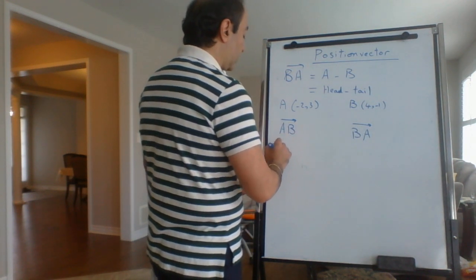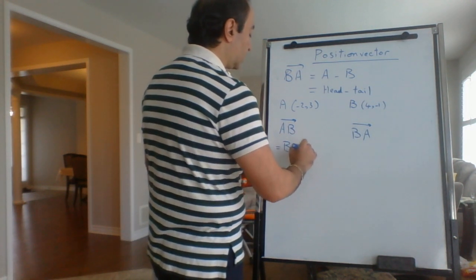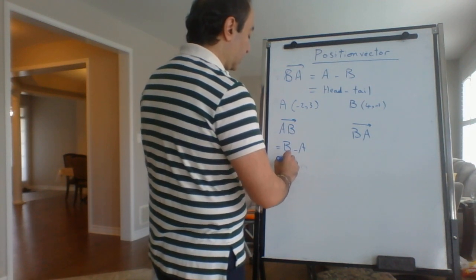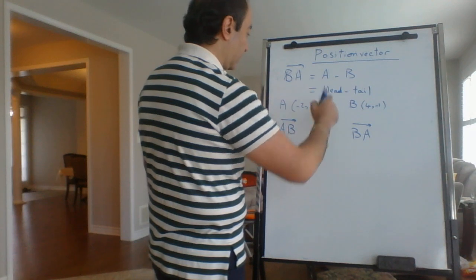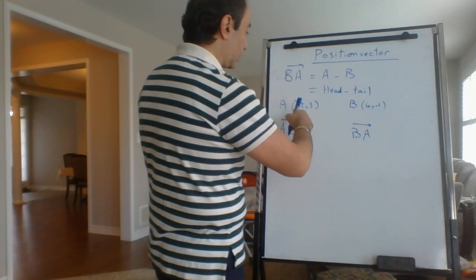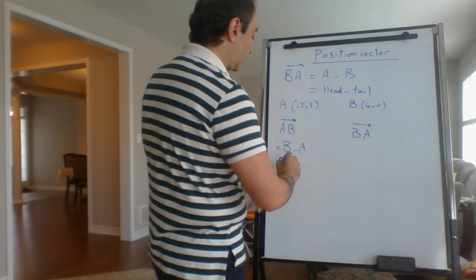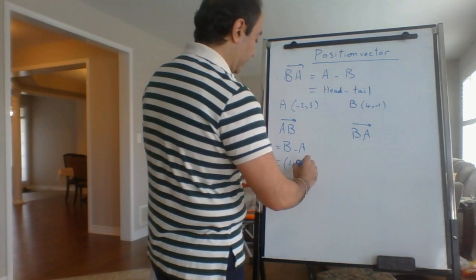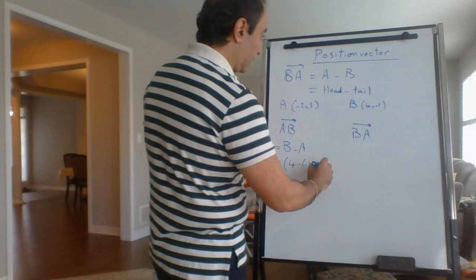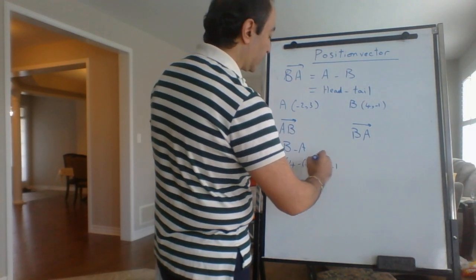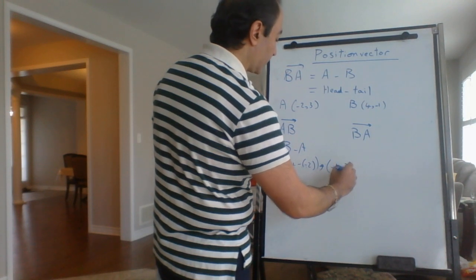So vector AB will equal B minus A. So I will just subtract the coordinates of the head minus the coordinates of the tail. So 4 minus -2, comma, -1 minus 3.